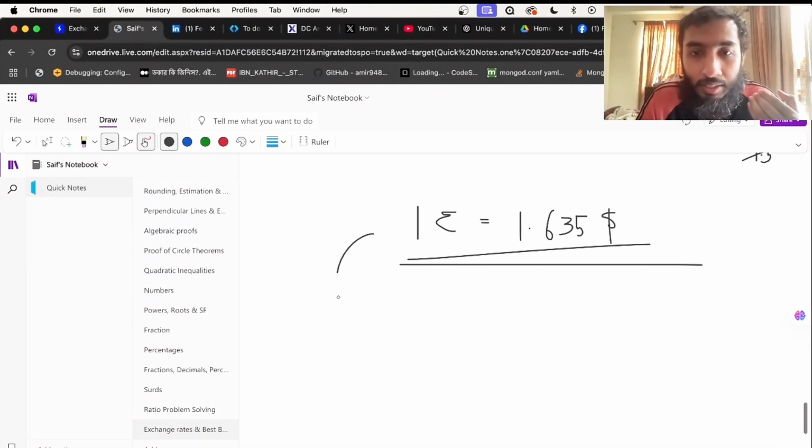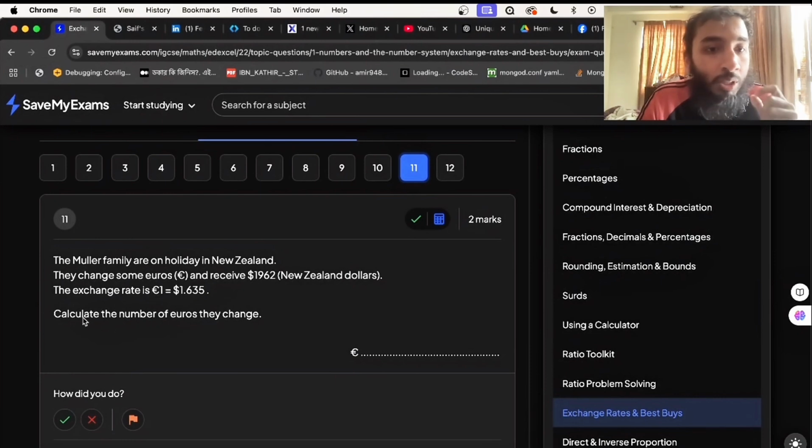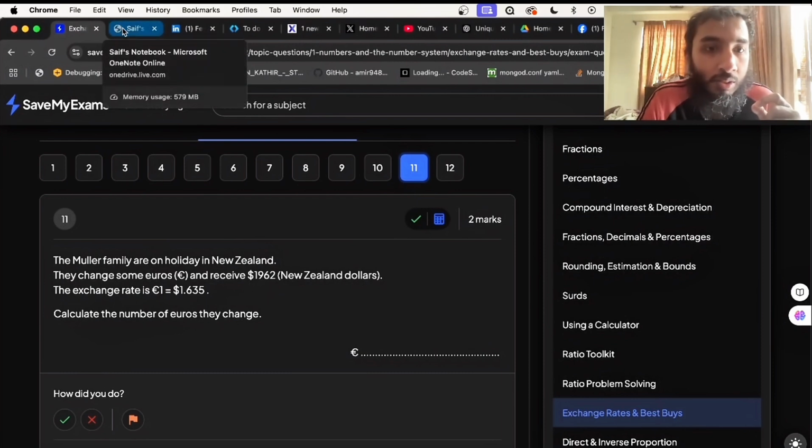I can also write it this way: 1.635 New Zealand dollars is 1 euro. You have to calculate the number of euros they change. The amount received is 1962 New Zealand dollars.